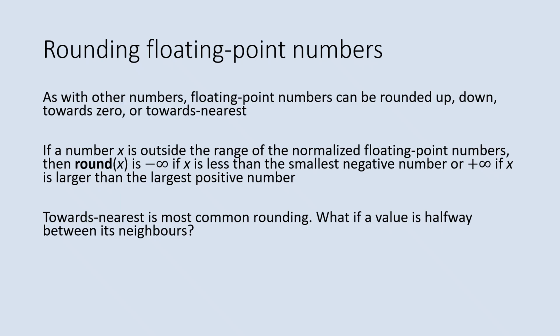In the case of us using Python, this is all implemented in the language. We don't have to do these calculations ourselves. But this will help explain why sometimes we get weird answers, or answers we didn't expect, when we do certain calculations. Why did we get that answer instead of some other answer? And later, when we're analyzing algorithms, we can anticipate that there's going to be rounding, and here's what's going to happen.